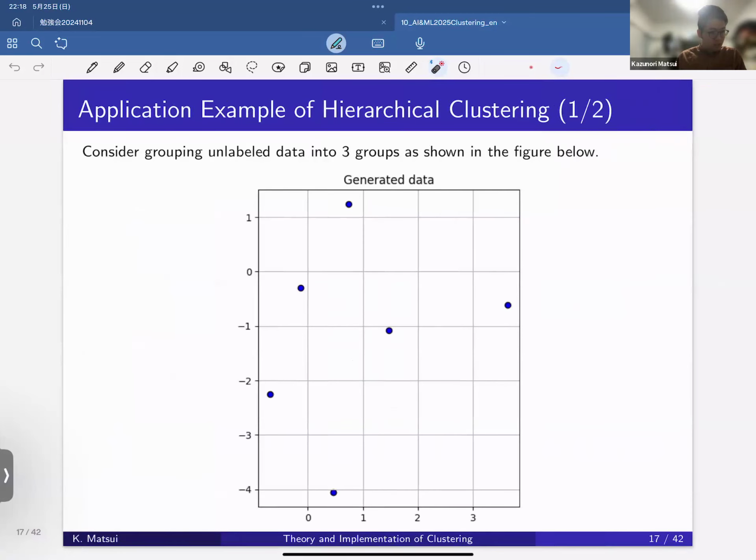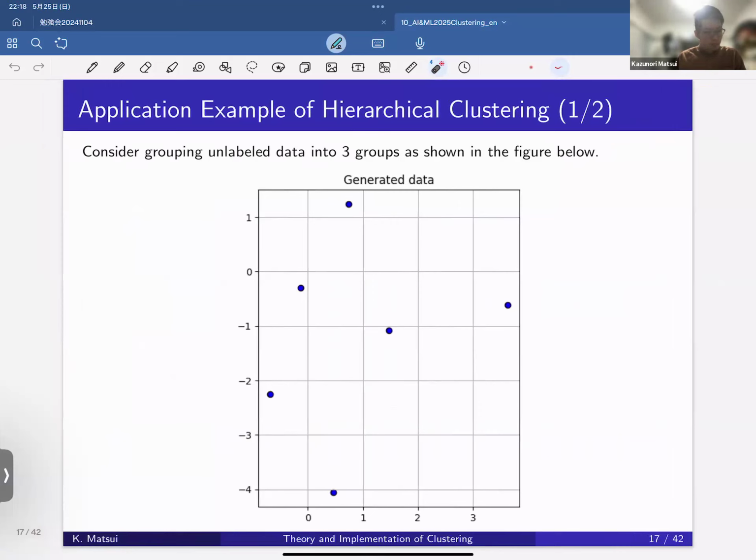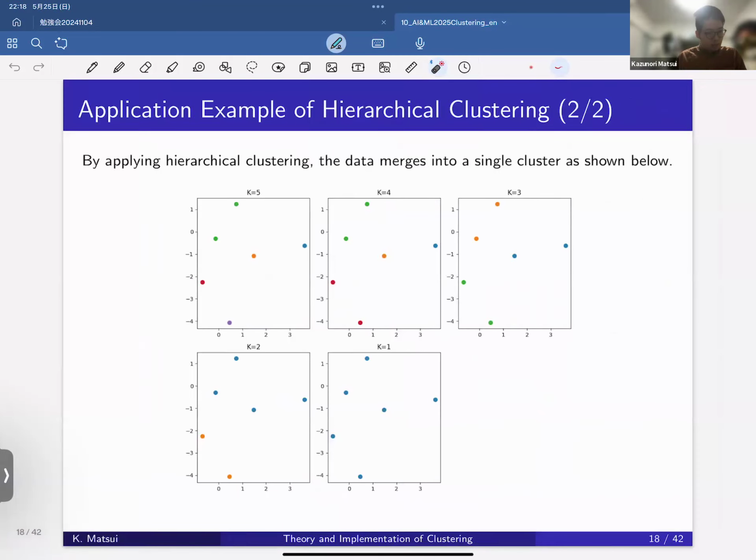Let's actually see how we do this. Let's group the data into three clusters. At first, we separate everything. First, if there are close data points, although we will discuss later what we mean by close, we group them into the same cluster like this.